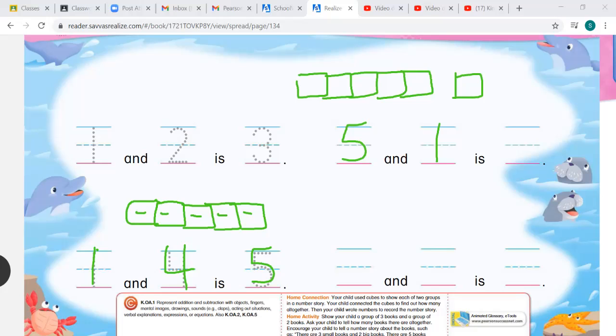Okay, what we're going to do is we're going to join our blocks together. So we're going to add 1 block to our 5 blocks, or our cubes, I apologize. 1 cube to our 5 cubes. So we have 1, 2, 3, 4, 5, 6 altogether. So 5 and 1 is 6.